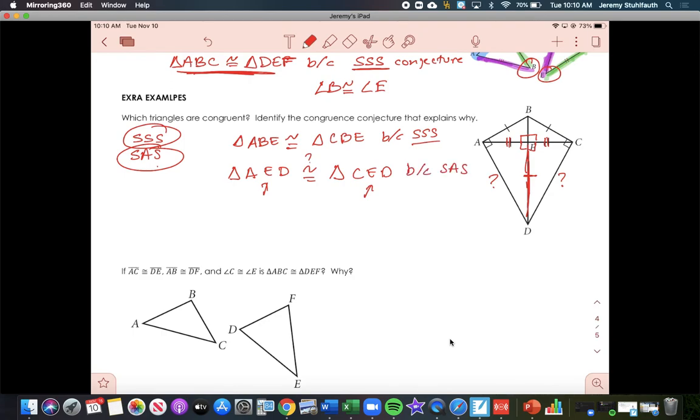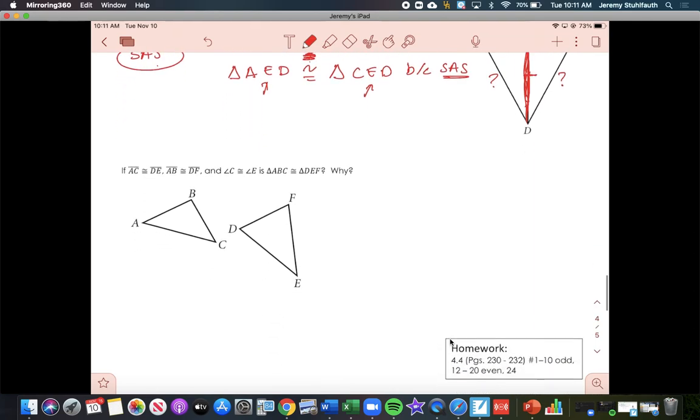Angle E is included between sides AE and ED, and between CE and ED. Since that angle is included between those sides and it's congruent in both triangles, side, angle, side means that those 2 triangles are congruent. So it's no longer a question, they are congruent.